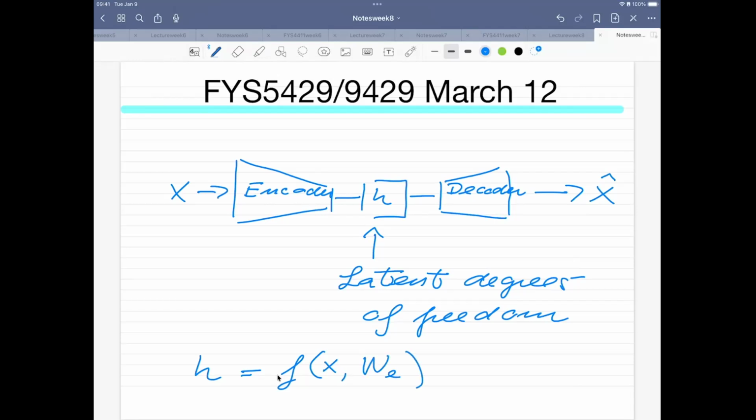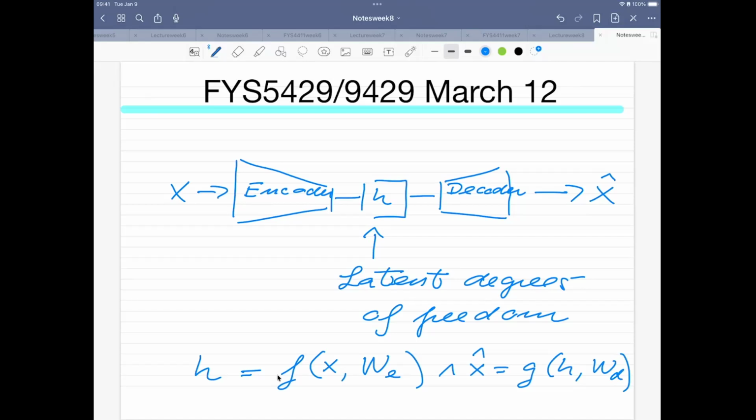And I put this subscript E because this represents the encoder part. So this is h. Then I'm going to set up an x hat here, which given this variable h, can then be used to reconstruct x through a new set of parameters, which are encoded in this WD.